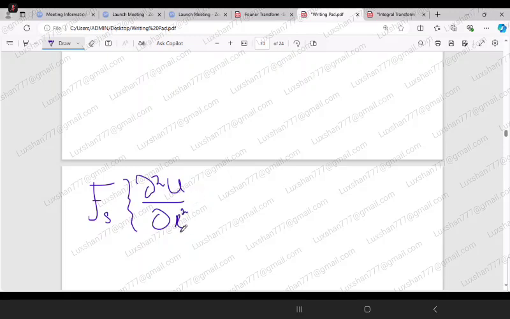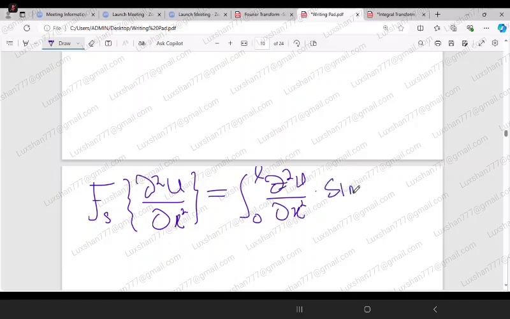Look at the variable, we are differentiating with respect to x. This is equal to the integral from 0 to L of ∂²u/∂x² into sine(nπx/L) dx.